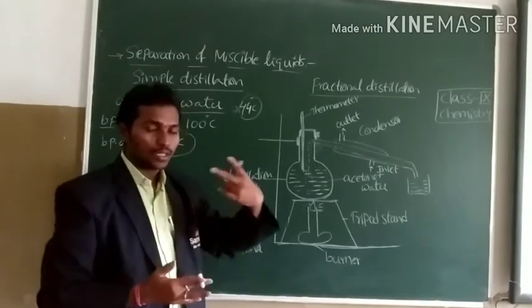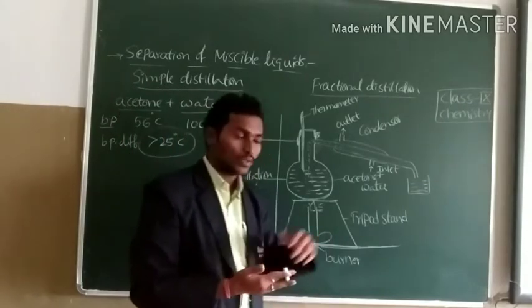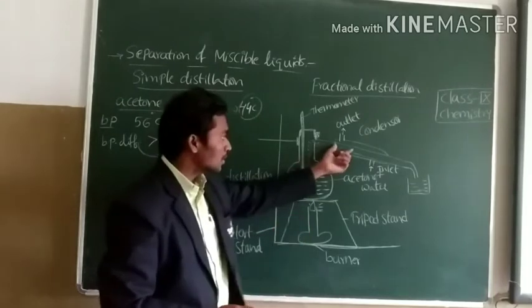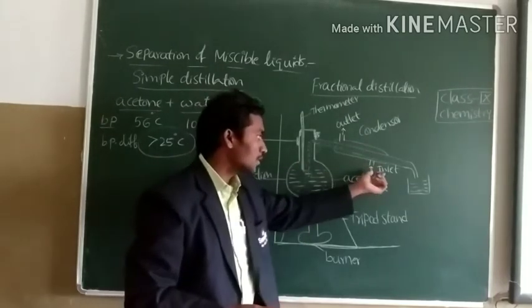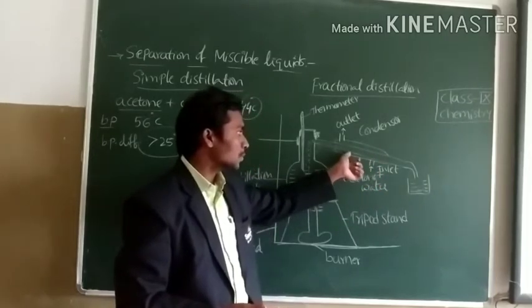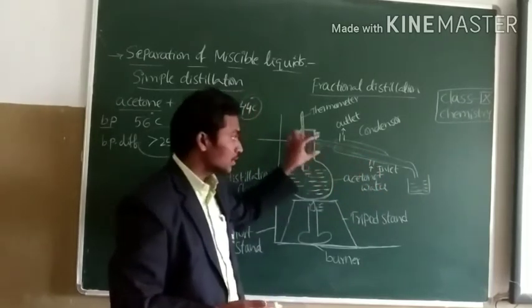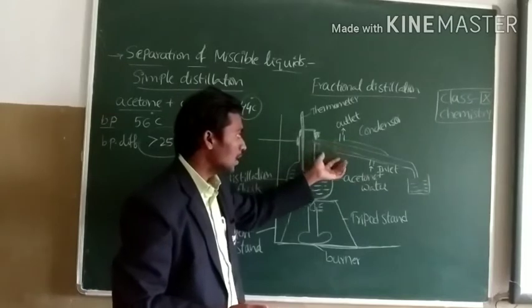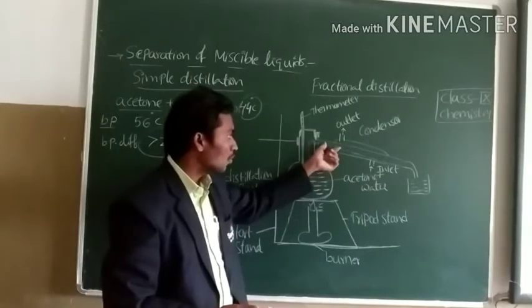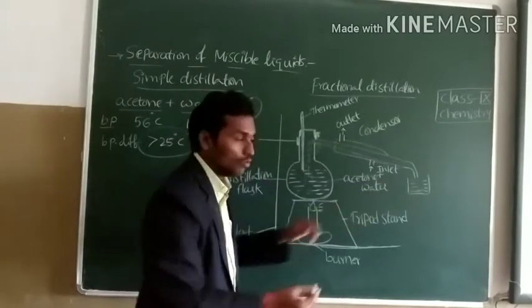Condensation means the process of conversion of vapors to liquids, because this condenser is surrounded by water. This water passes through the condenser and absorbs heat energy from the water vapor, so the water vapor changes into water.